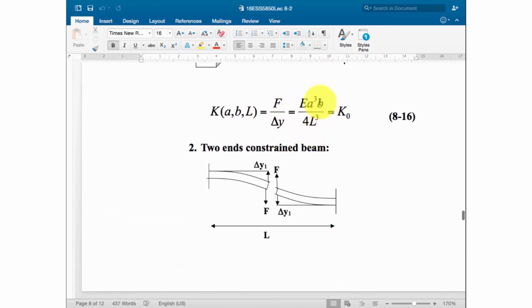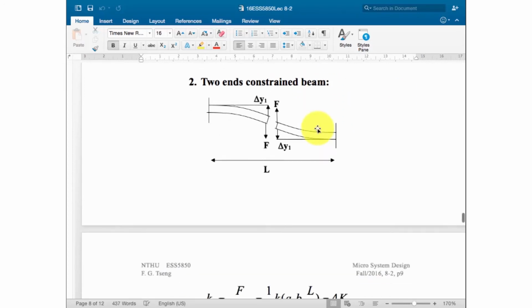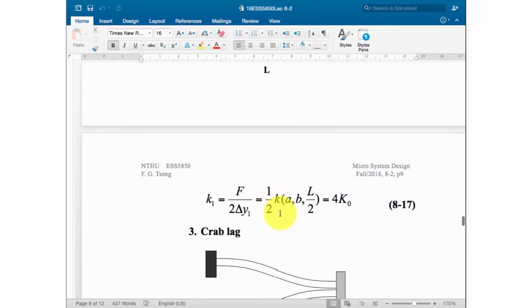You end up with this value being 8K0, and 8K0 divided by 2, you end up with 4K0.